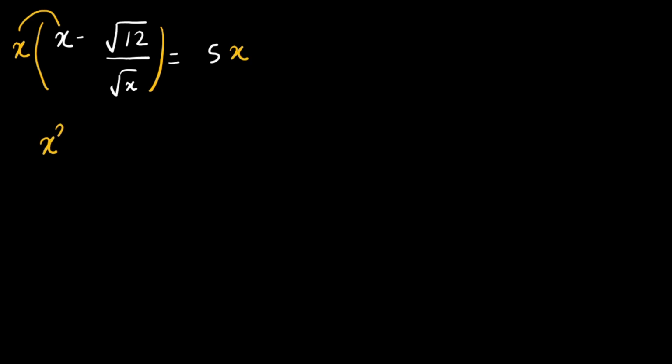Now x minus square root of 12 over square root of x is equal to 5, and we know that x is not equal to 0 and greater than or equal to 0. So if you multiply both sides by x, then in the left hand side this x is multiplied by x, and we get x square minus x times square root of 12.